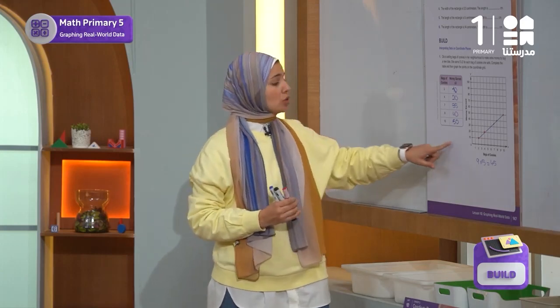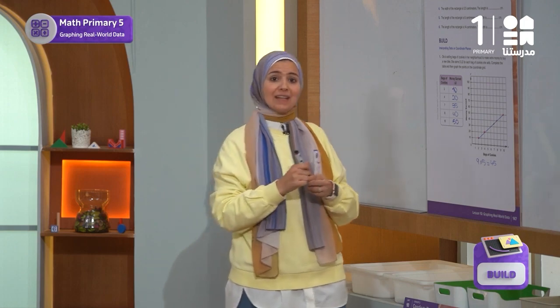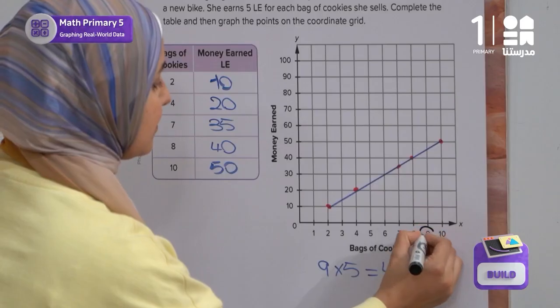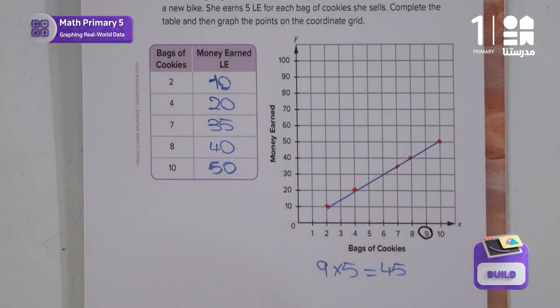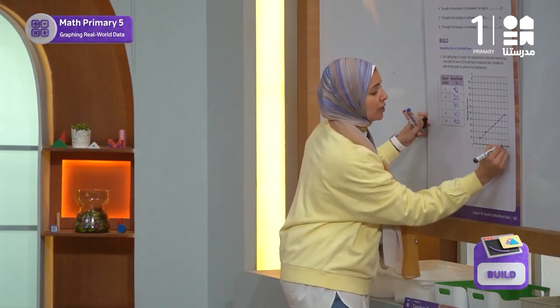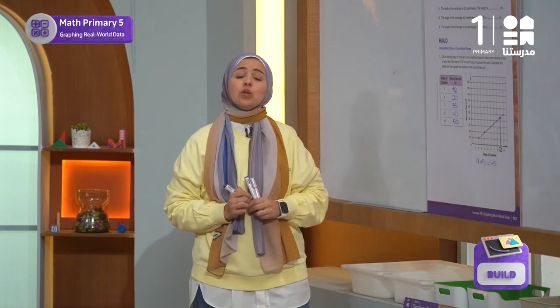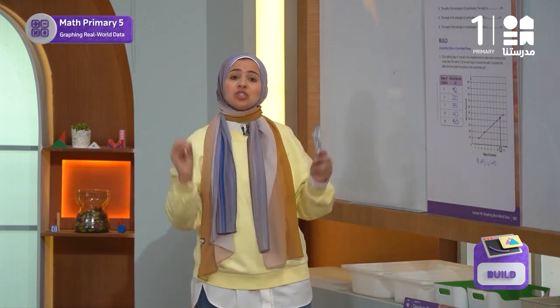We are going to go to the x-axis. Then we're going to stop at 9. Then we're going to move vertically upwards until we reach the point of intersection with the line. Let's do that. When we go up like that, we are going to reach this point. Then we move until we reach the y-axis.